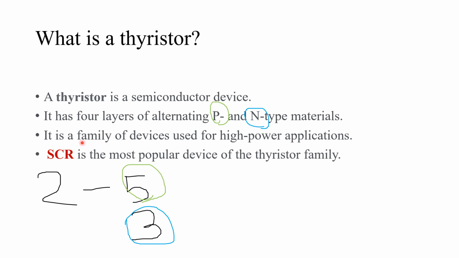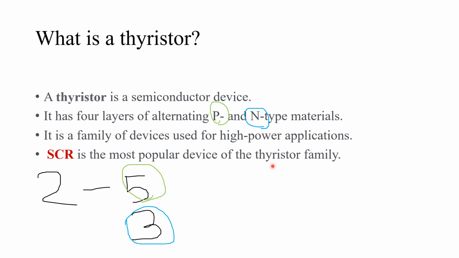Third point, it is a family of devices used for high power applications. Now this thyristor family can handle high voltage, meaning they can withstand high power and high voltage, and hence they are used for high power applications. And the fourth point, SCR is the most popular device of the thyristor family.